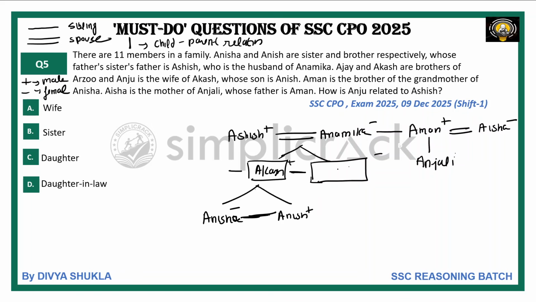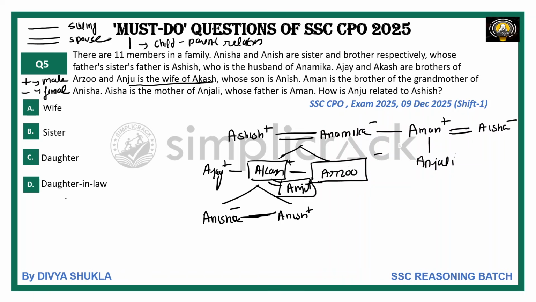The other is Arzu, because this is the sister. And Ajay and Akash, there is Ajay also. Anju is the wife of Akash. So Akash and Anju are husband and wife. Now, how is Anju related to Ashish?